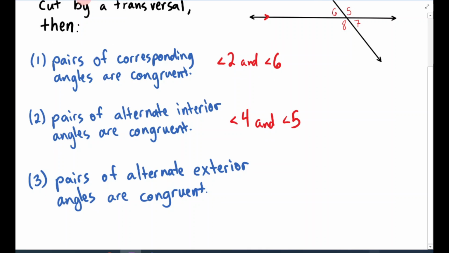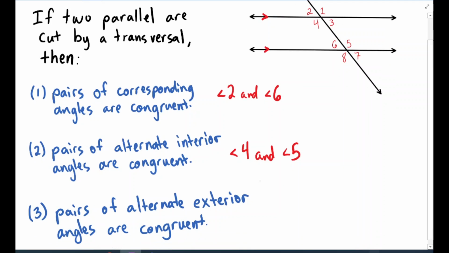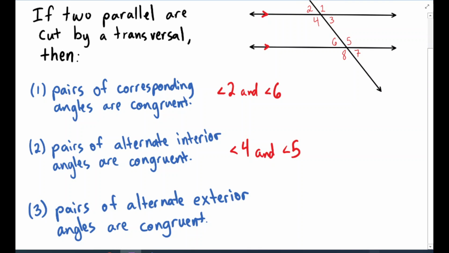Now, alternate exterior angles are just like alternate interior angles, except now they are on the outside of the parallel lines, like 1 and 2 and 8 and 7. Those are exterior angles. Alternate exterior angles would be like angle 2 and angle 7. This way, they are congruent, which you can kind of see from the graph anyways.